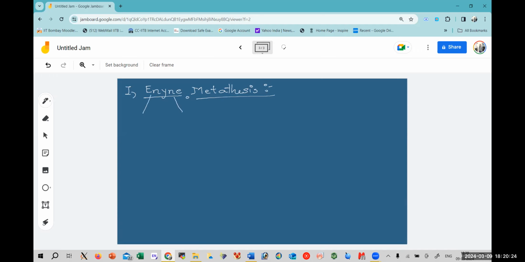This part comprises alkene, and the yne comes from alkyne. This ene and yne gives you enyne. So if I'm having a substrate which is an alkene substrate and the other one which is an alkyne substrate, they are undergoing metathesis in the presence of the active catalyst.